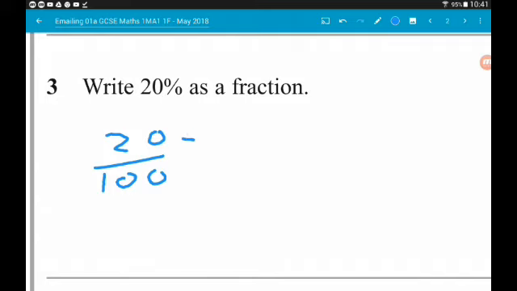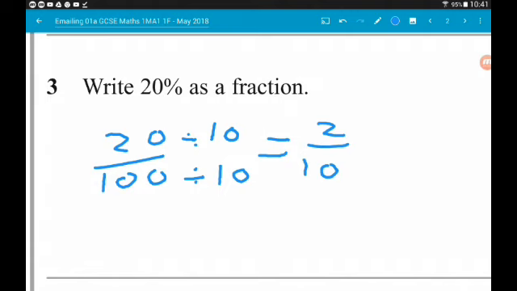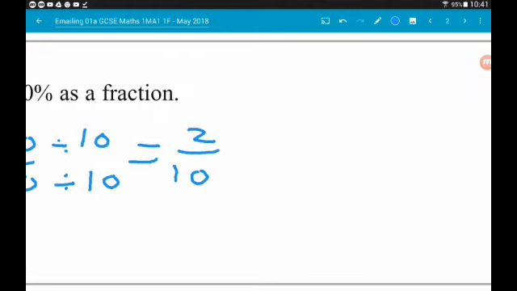There's a common factor between the top and bottom of 10. So if we divide the top and bottom by 10, we get 2 over 10. And then we've still got a common factor of 2. So if we divide the top and bottom by 2, we get 1/5. Cool.